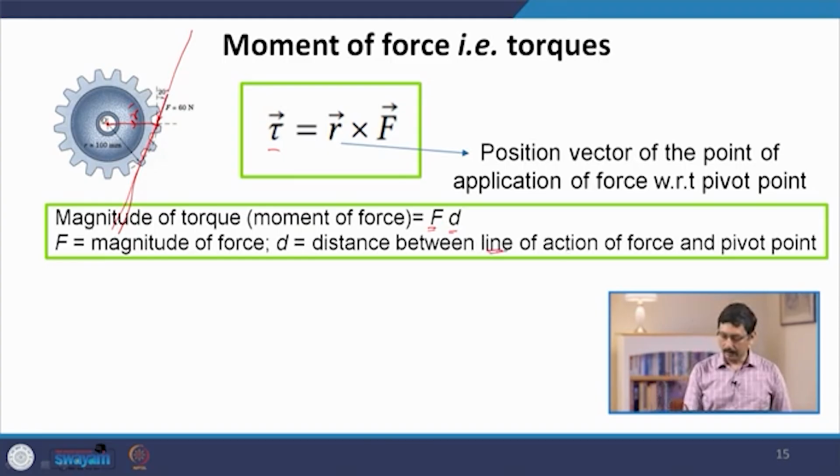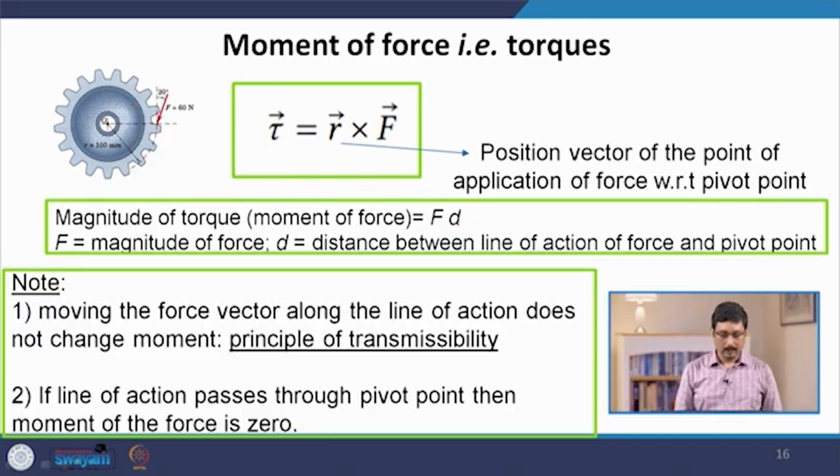By distance I mean the perpendicular distance. If you drop a perpendicular from the pivot point O to the line of action, then this represents d, so torque is d multiplied by force. The point is that the rotational effect depends not only on F, but also on this distance d.